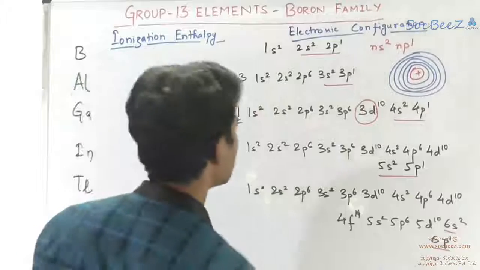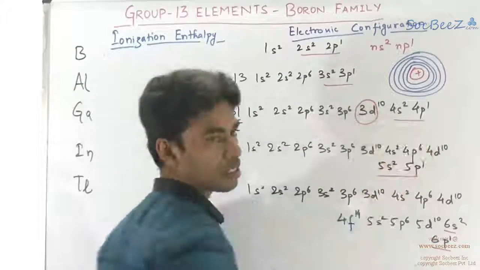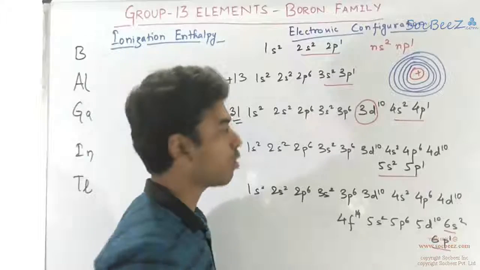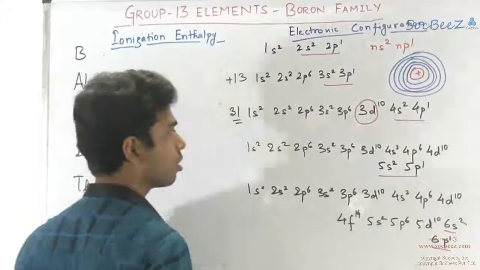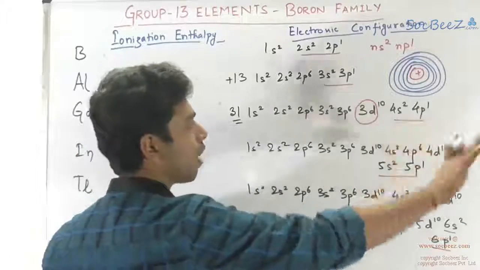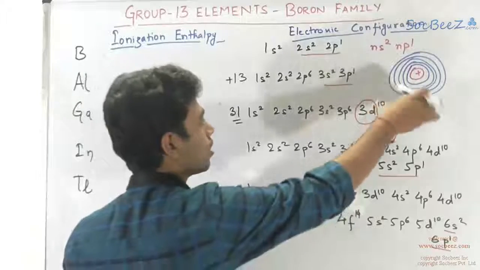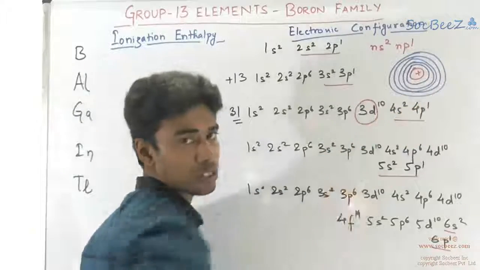Why? Because we are interested in finding the ionization enthalpy, IE, of the outermost electrons. These outermost electrons are far away. As the atomic radii increases, these outermost electrons get away from the nucleus.